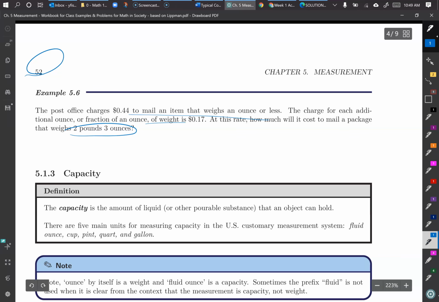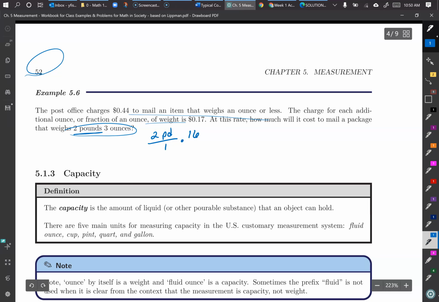For each additional ounce, or part of an ounce. So to do that, we would have our 2 pounds and convert that to ounces. I mean, you could do that in your head. Some of these things are pretty obvious, so I'll let you use your judgment with that.